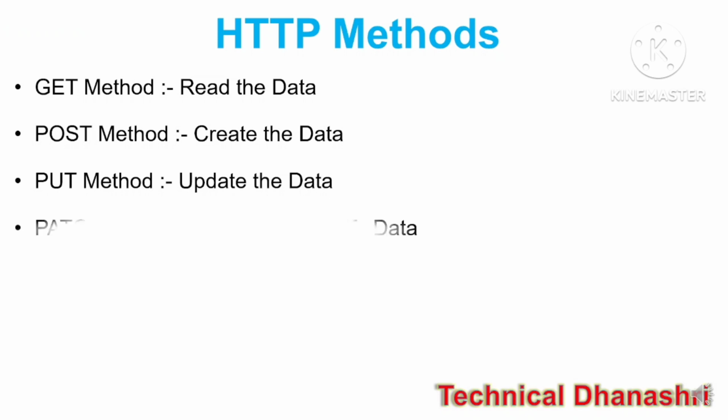So the next HTTP method is the PATCH HTTP method. PATCH is also used to update or modify the information or resource. Let's take an example of the PATCH method. In the Facebook application you want to update the mobile number. In the PATCH HTTP method you have to provide the request URL, request header, request method, and request body.